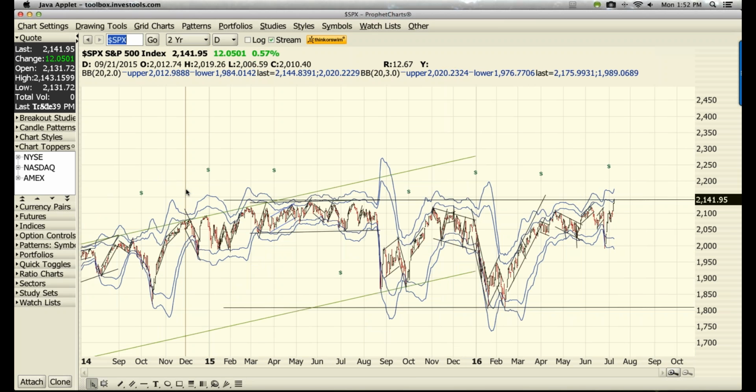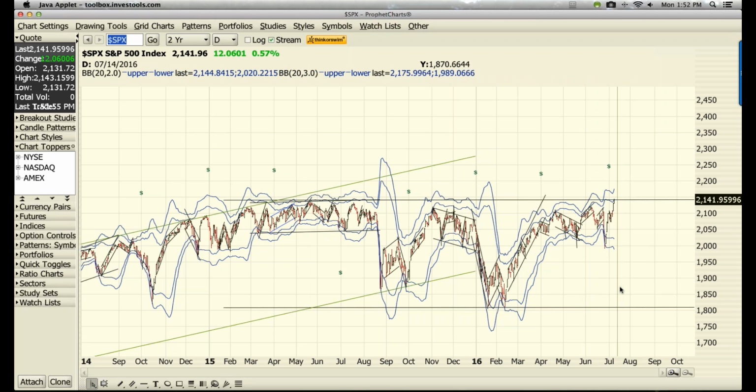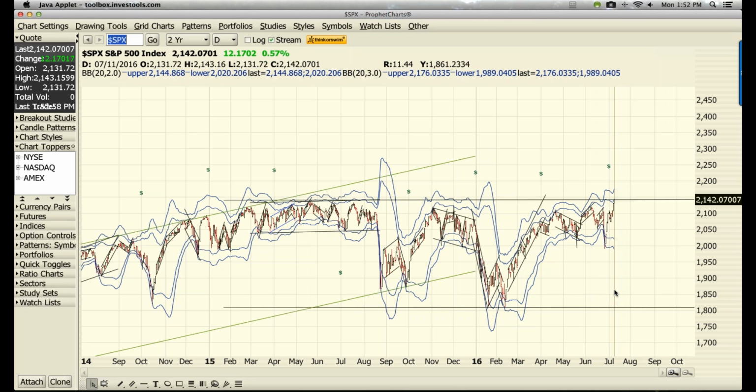Go back to a 2-year time period here. Okay, so we can go back to May 21st, 2015, so over a year ago. And on that day, we hit an all-time high on SPX, 2134.28. Today is the first time since that date that we broke that high, and we hit a high of 2143.16.